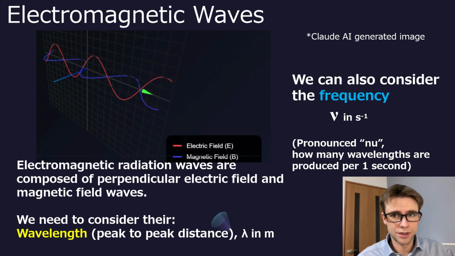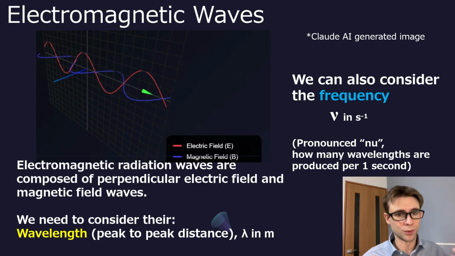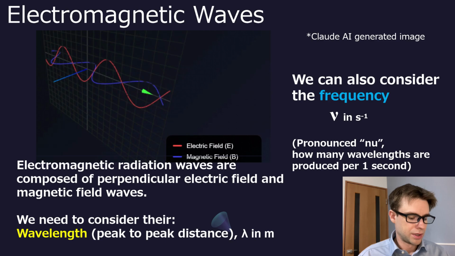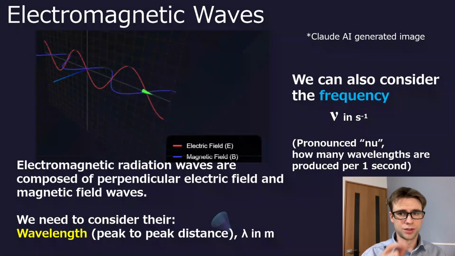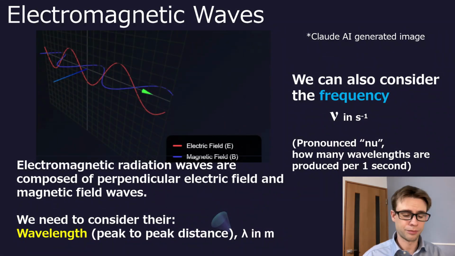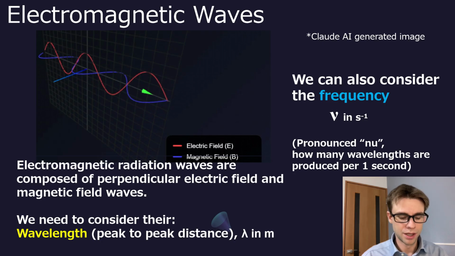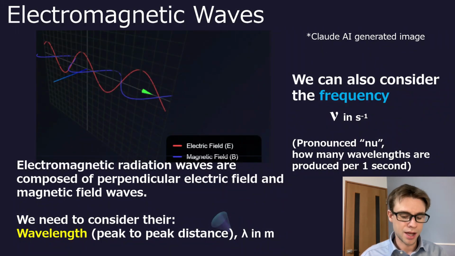So the units are seconds to the power of -1, or you can say per second. So we'd like to know how many wavelengths are generated per second, or you can imagine we just choose a point in space and we say how many wavelengths travel through that in 1 second. And because we're dealing with very small wavelengths, we're going to have very high frequencies.